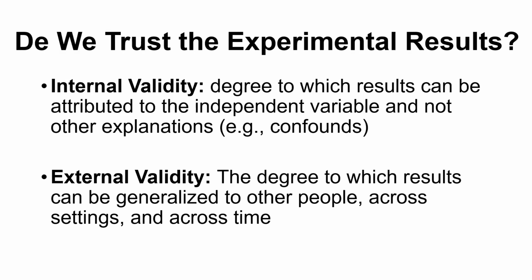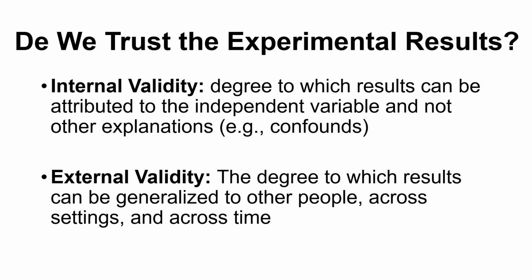The last thing that I want to consider about our experiments is our experimental results, which will actually transition us over into statistics. When we're asking if we trust our experimental results, we want to consider two major things. And these are both types of validity. Internal validity is the degree to which the results can be attributed to the independent variable and not other explanations. Basically, if an experiment has high internal validity, then we are very sure that the change in our dependent variable was caused by our manipulation of the independent variable.